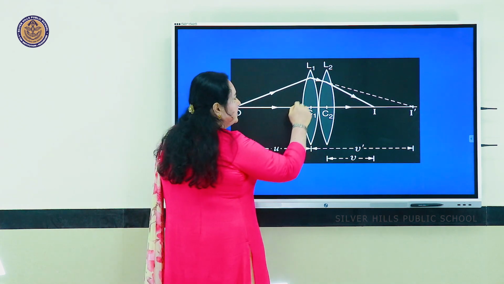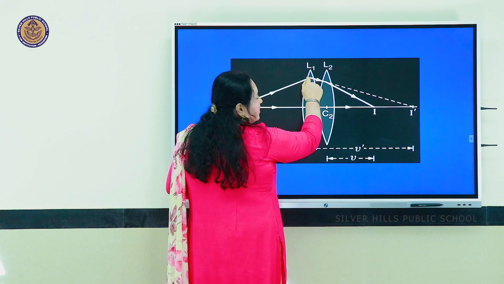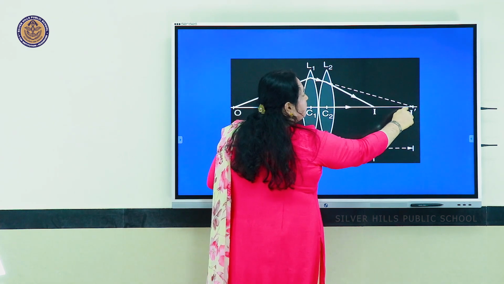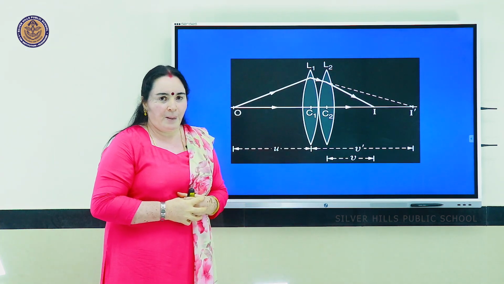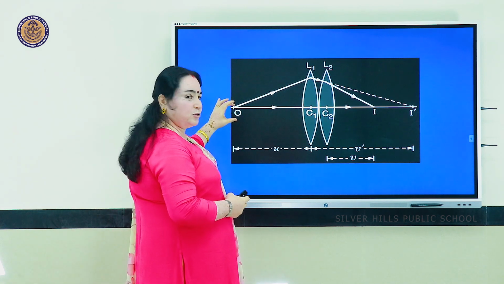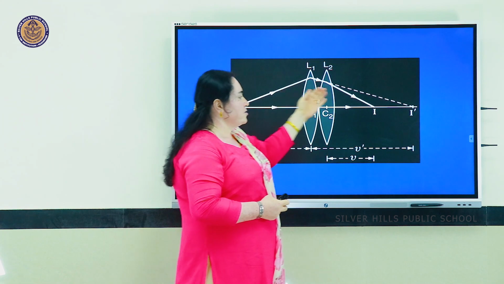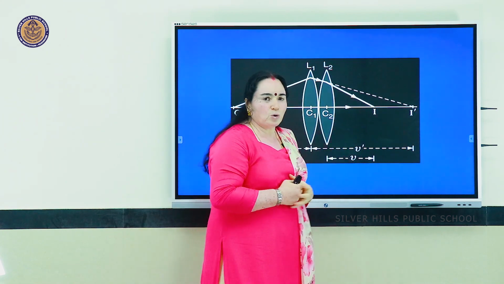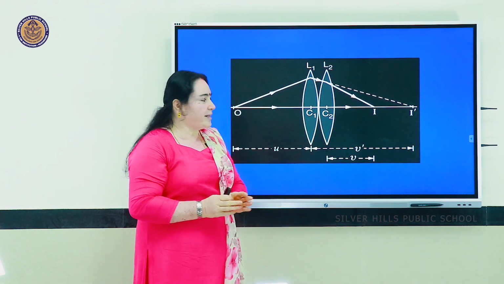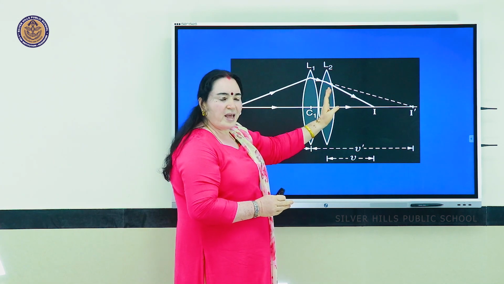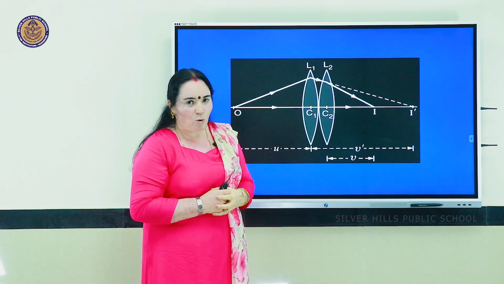And you can see that as the refraction happens, the ray of light is going to meet at that point I dash. So this is your object, and this object's image after refraction is obtained at a point I dash over here. We are imagining as if the lens number 2, L2, is not existing over there.